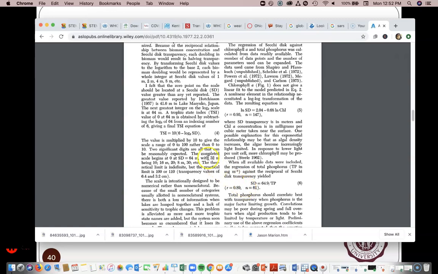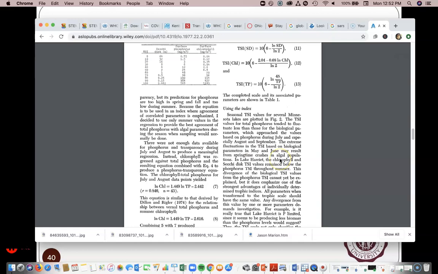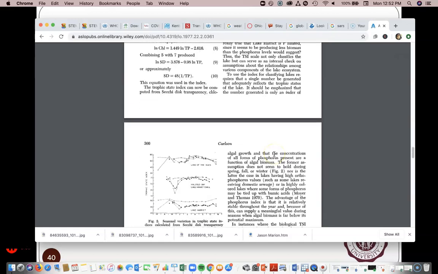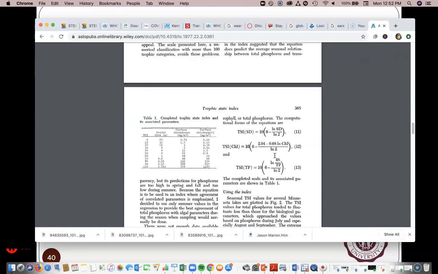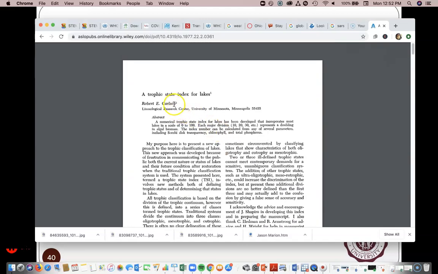And here are where those formulas come from. Those formulas did not come from that website. They were simplified on that website for you to see, but those formulas come from right here. So instead of citing the website, if you're putting this in your paper, you should be citing Carlson, 1977, a trophic state index for lakes.